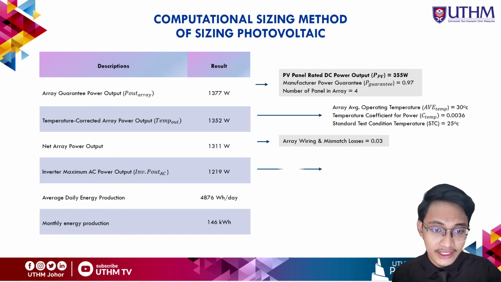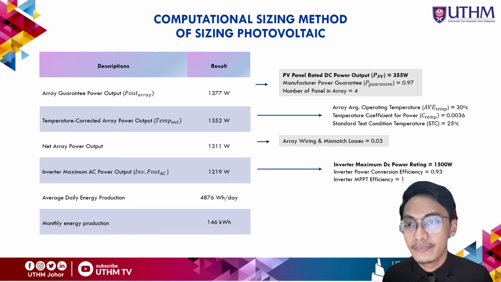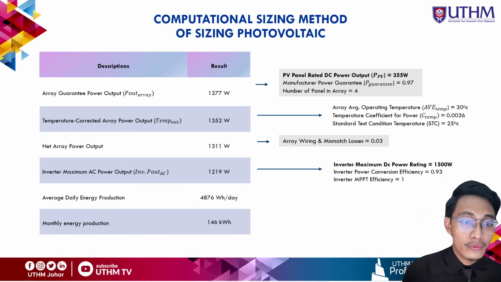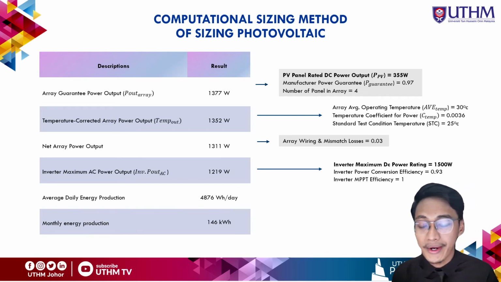For the inverter, I decided to choose 1500 watts because it is bigger than the PV array output, with an inverter power conversion efficiency of 0.93 and an inverter MPP efficiency of 1.